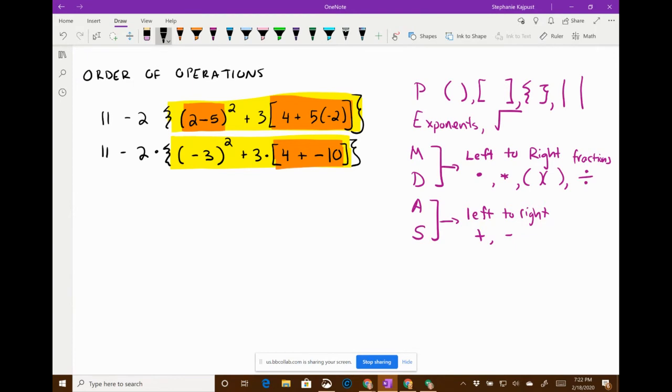We have a symbol there, we have that minus sign, and subtraction is the same as adding a negative. So because we have that symbol, that's subtraction. Subtraction is the same as addition of a negative. So 2 minus 5 is the same thing as doing 2 plus negative 5. So you can read those in either way.